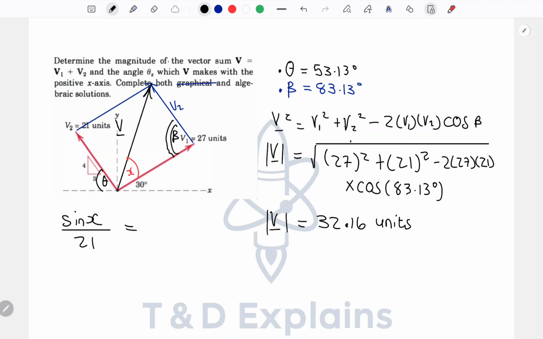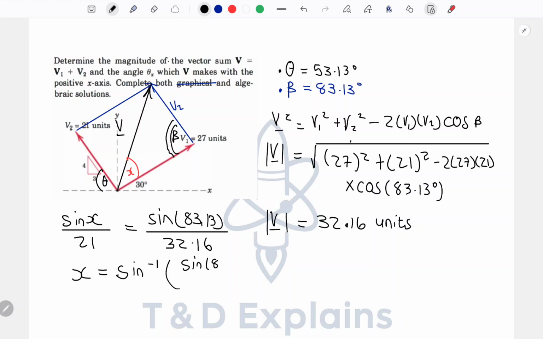It's going to be sine of beta, and beta was found to be 83.13, divided by the side which is opposite the angle, the magnitude V, which we got to be 32.16. Now what is x going to be? X is equal to sine inverse, and then you write this here.